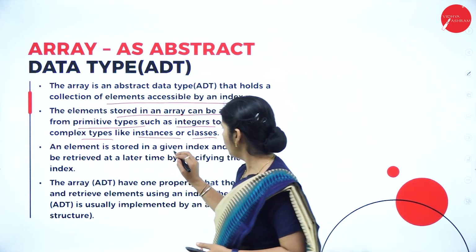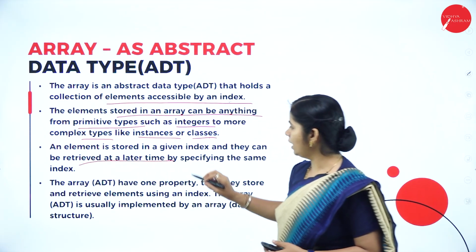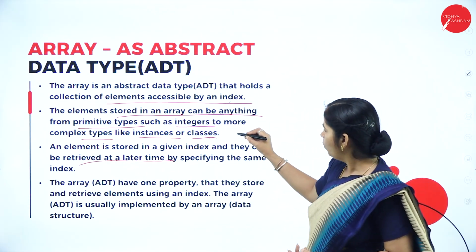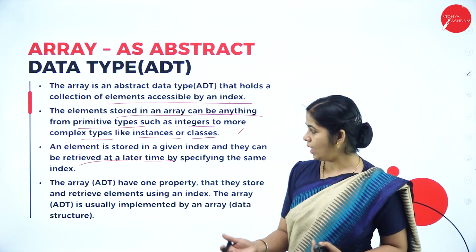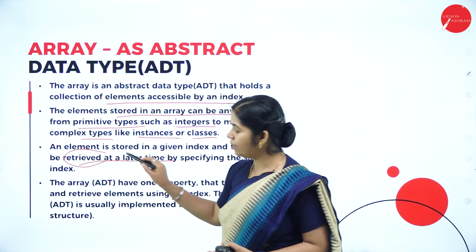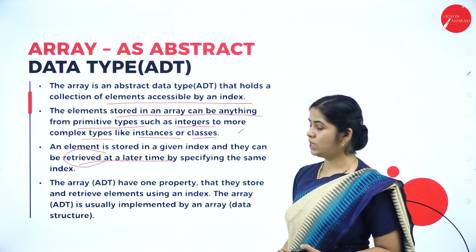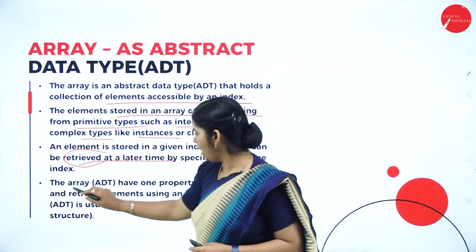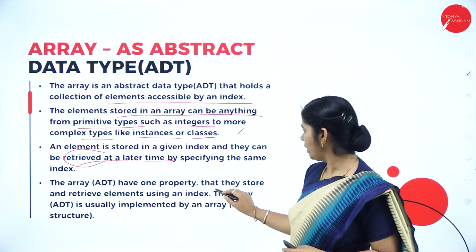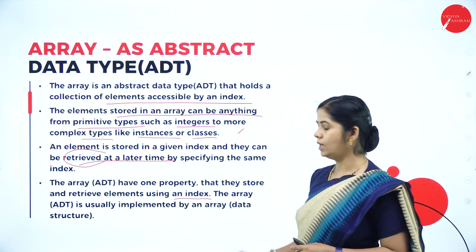An element is stored at a given index and can be retrieved later at any point in time. Here we are saying that we can store any data type value in the array, and we can retrieve that value whenever we want by specifying the index. The array has one property: it stores and retrieves elements using the index.